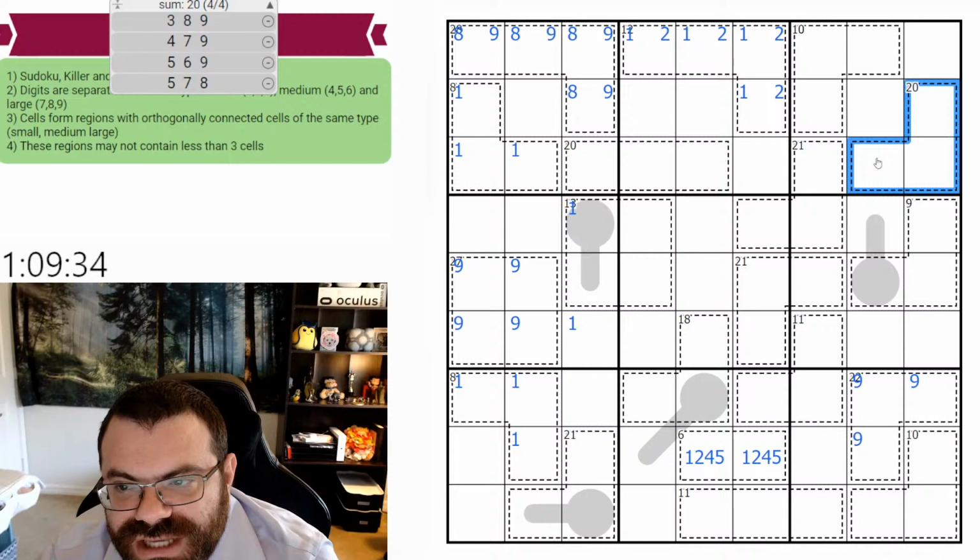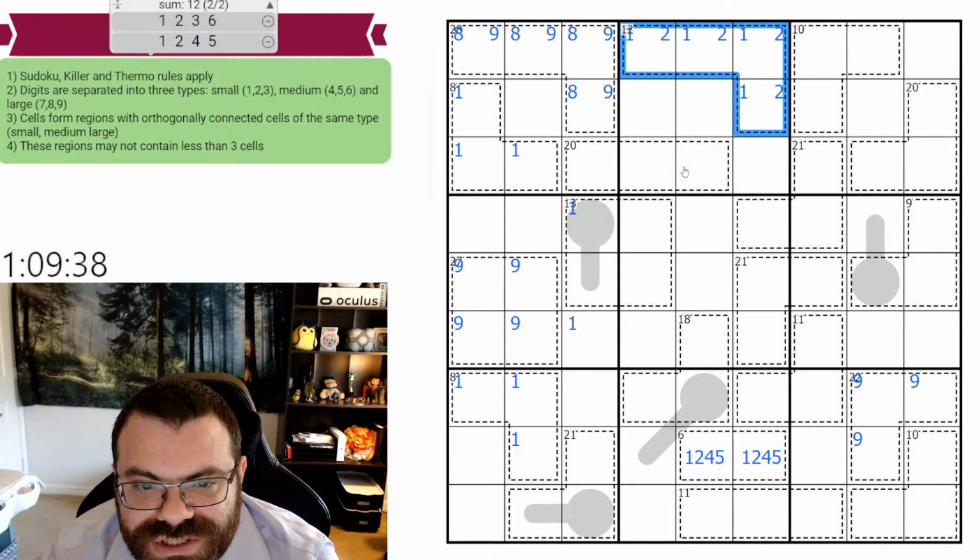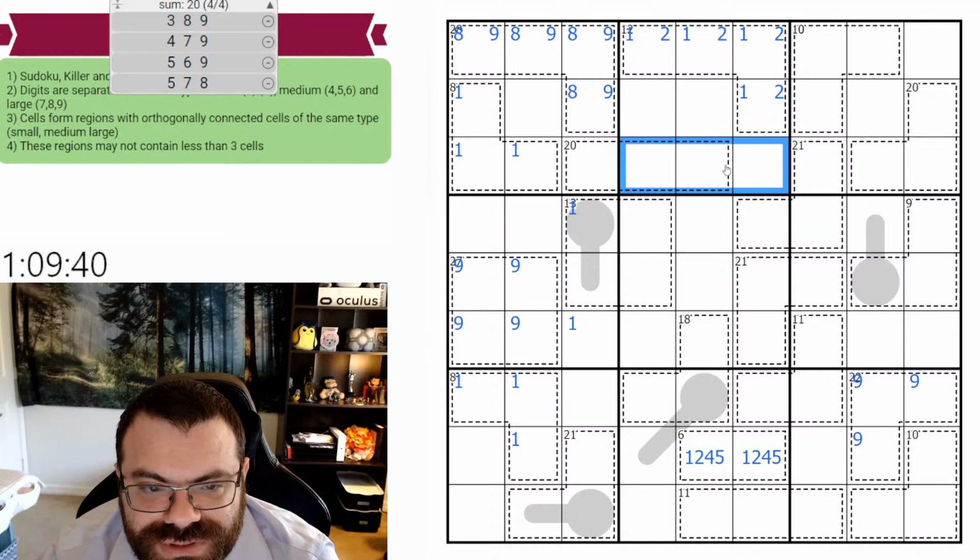Okay, that's true. The 20 cage can't have a 2 in it. The 21 cage can't have a 2 in it. The 2 is up here in the 12 cage, so those can't be 2s. And in general, a 20 cage can't have a 2 in it.